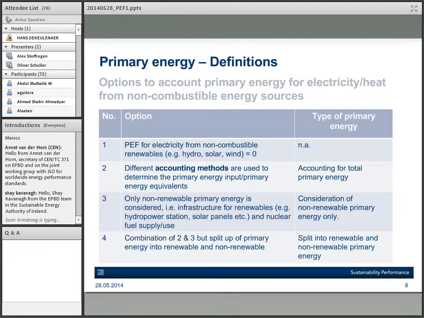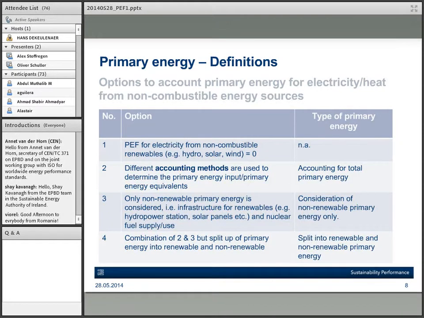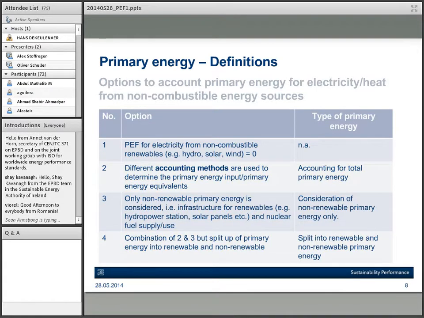Then the next option is to say, okay, I have to calculate based on assumptions, or in practice it's called primary energy equivalence, which is basically a kind of conversion efficiency. I calculate my primary energy input.